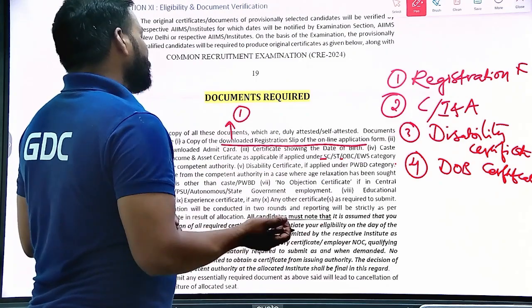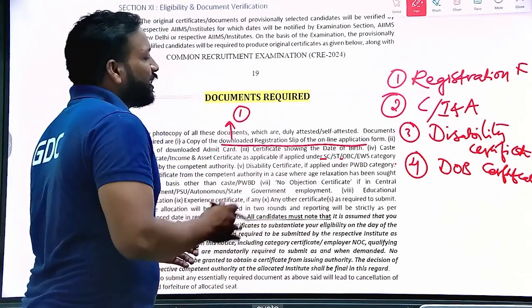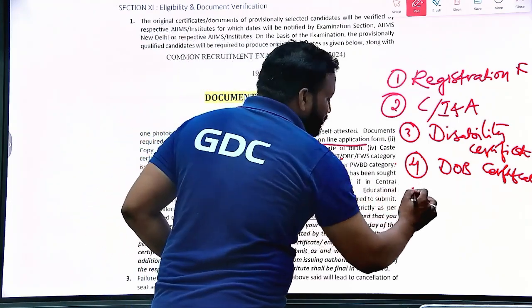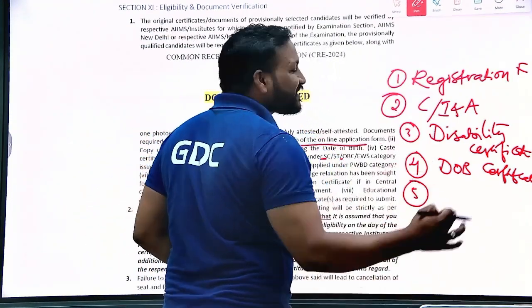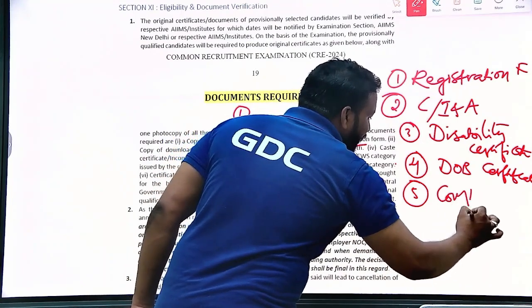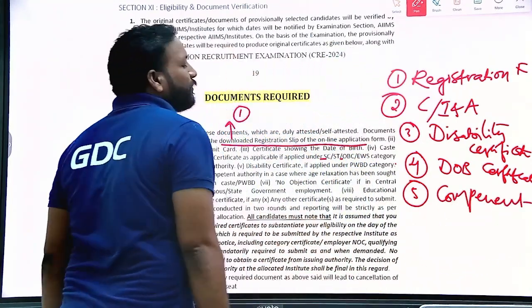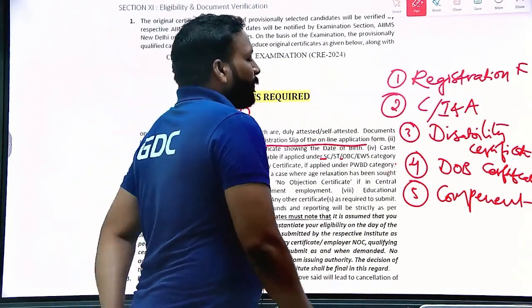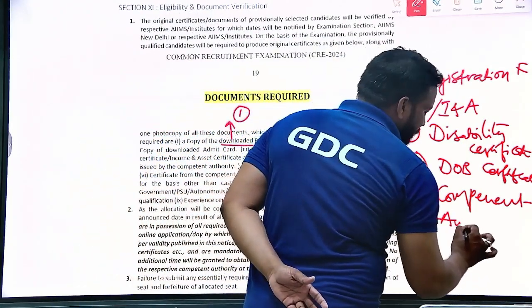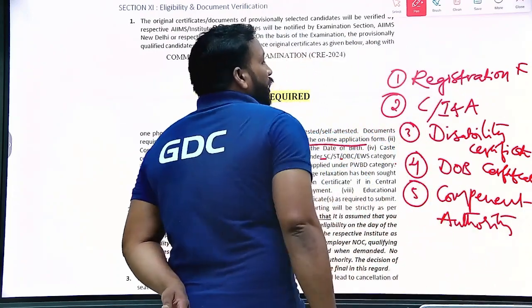And also a certificate from the competent authority in case of age. If you are seeking age relaxation, you need to get an age relaxation certificate from the competent authority of the institute in which you are working, which may be an AIIMS institute or maybe ESIC.